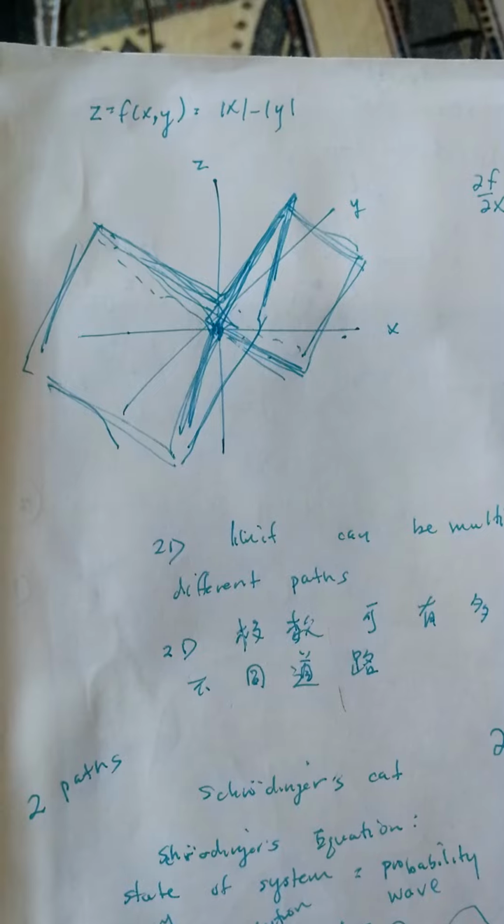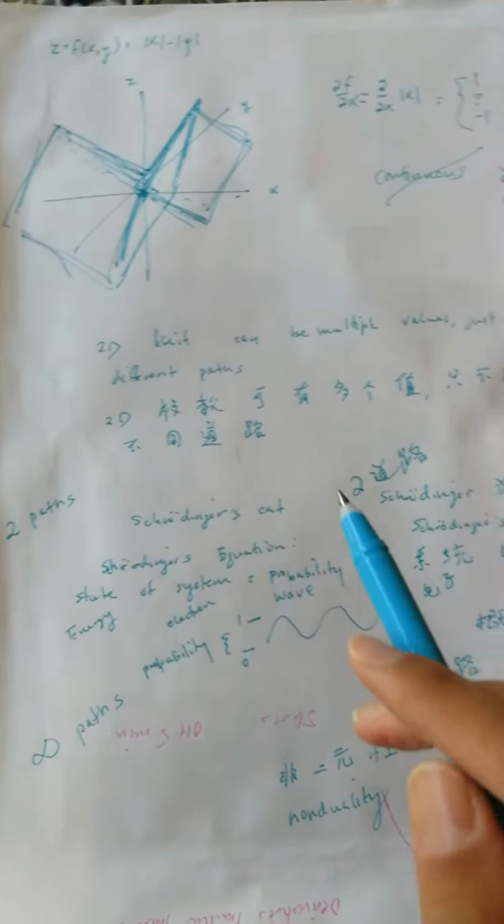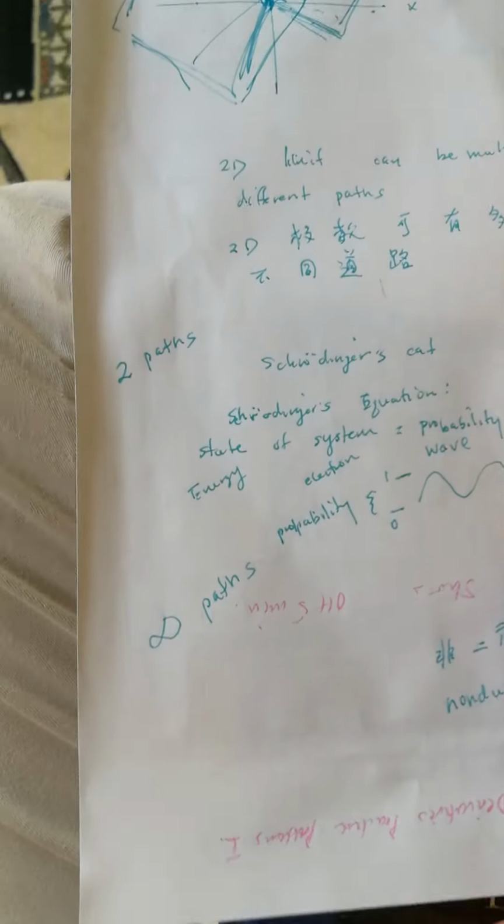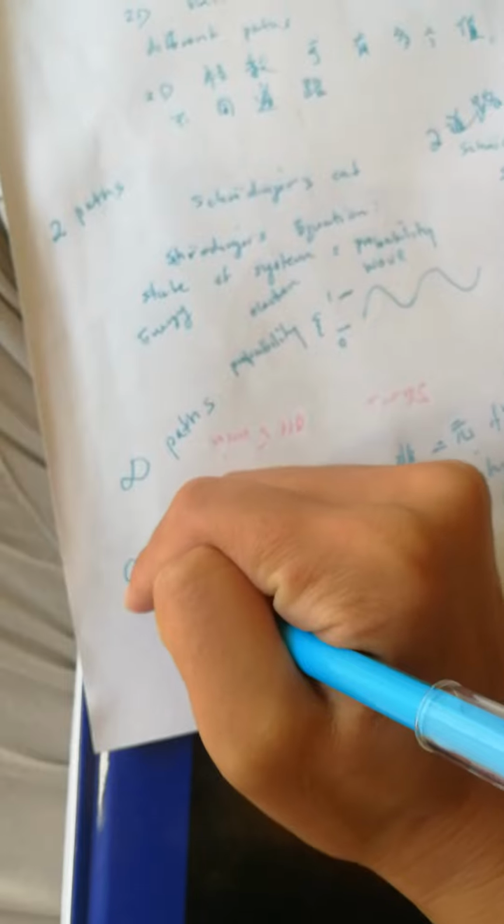But I also want to point out something mathematically useful, which is these continuous partial derivatives. They are useful for something called the controlled convergence theorem.